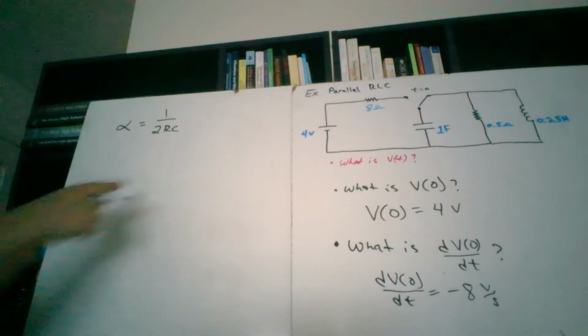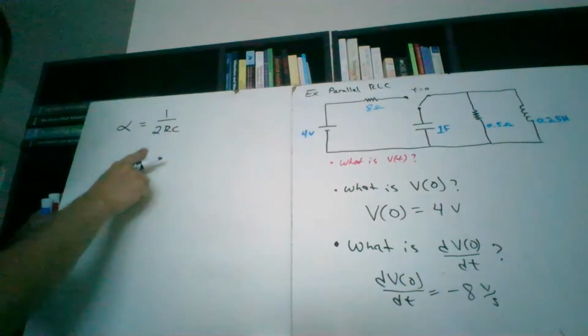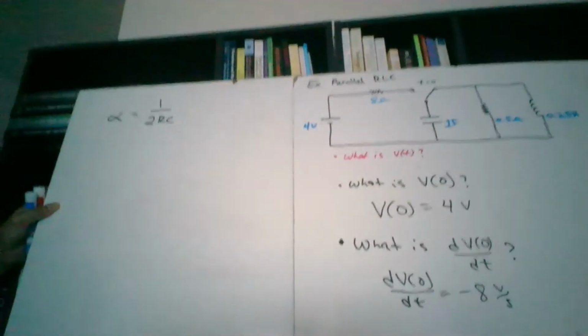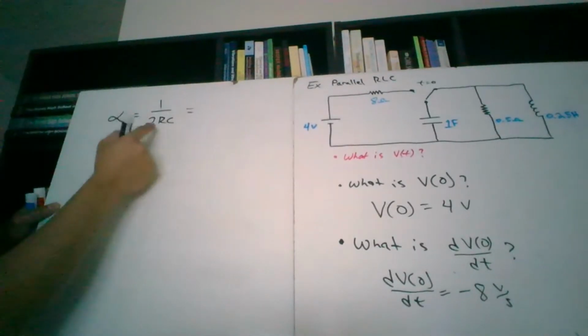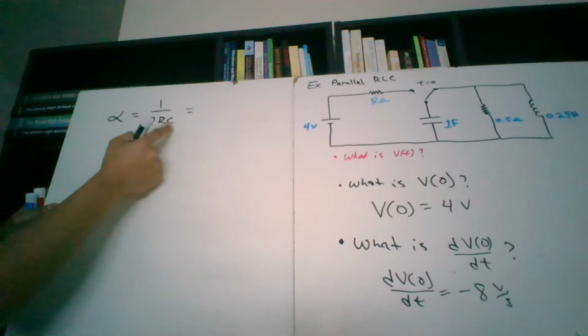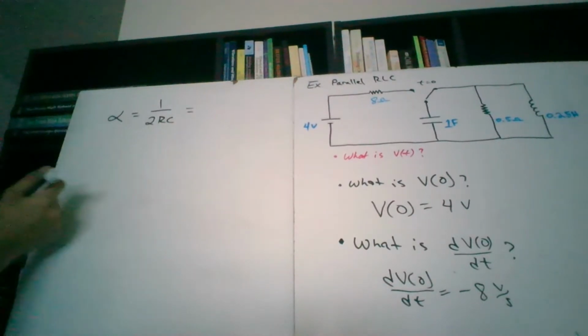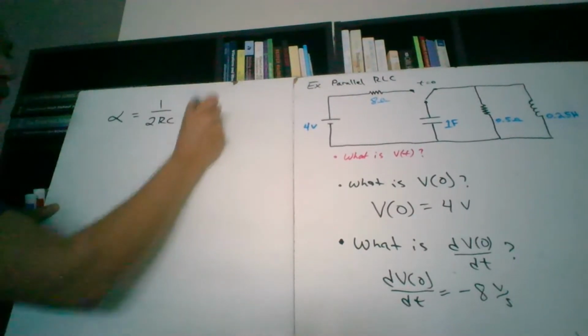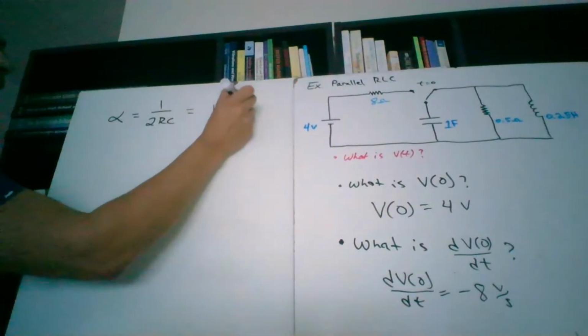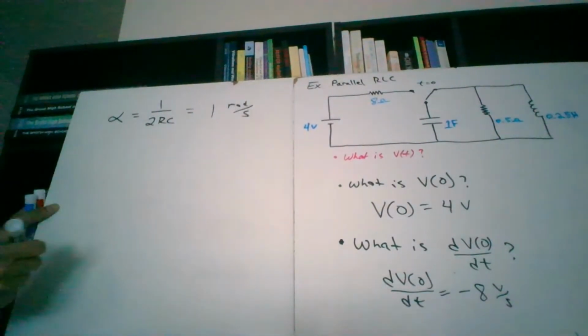Because this is a parallel circuit, this is what we get for parallel circuits for alpha. So you plug in for R, you're going to plug in 0.5, and for C, you're going to plug in 1. And what you'll end up for alpha is equal to 1 radian per second.